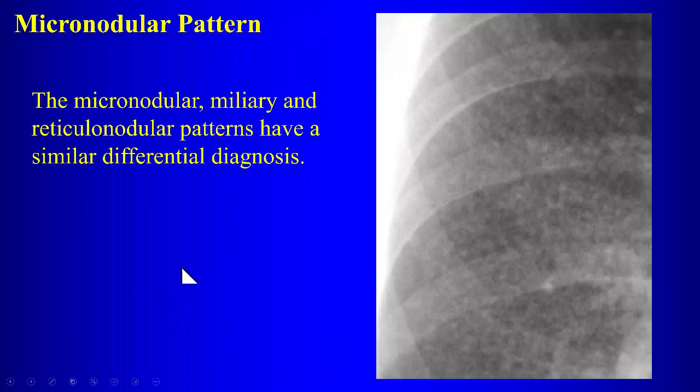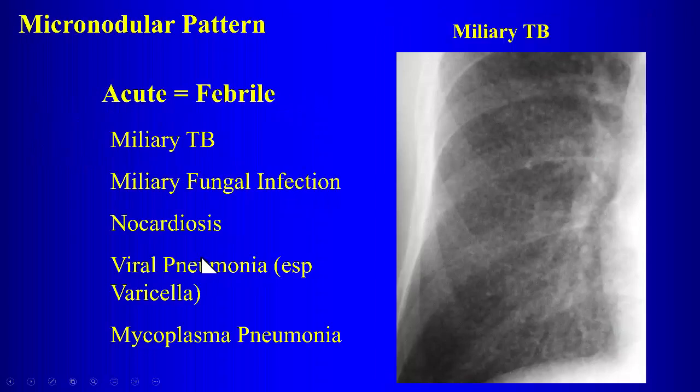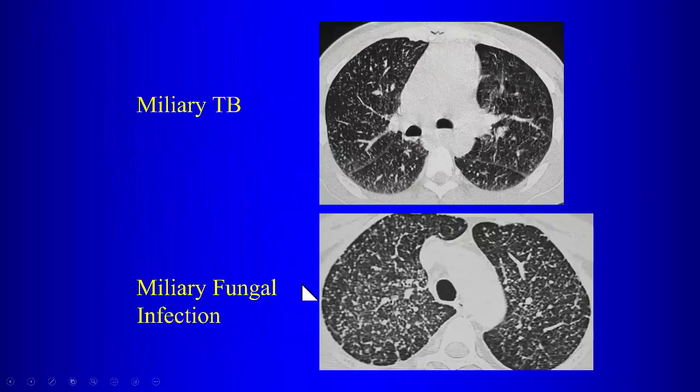Okay, so the micronodular pattern, micronodular, miliary, reticular nodule, they all have a similar differential diagnosis. We can also correlate that clinically. If the patient is sick, we think of infections, miliary TB, miliary fungal infections, some other unusual things that can also give you a micronodular pattern. But miliary TB and miliary fungal infections will look the same.